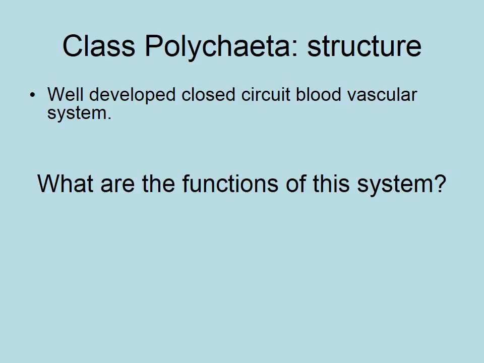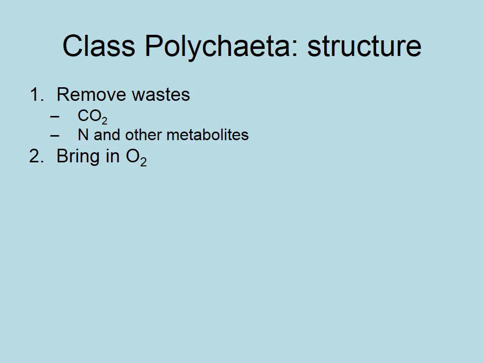They have a blood vascular system, so very much like we have. It's a circular system. So the functions of this system are removing wastes, carbon dioxide, nitrogen, other metabolites. Essentially the wastes are taken away from the organism, and oxygen is circulated. And as we saw in the flatworms, an organism can't get very big, very wide, if it is too hard for oxygen to diffuse in from the outer environment.